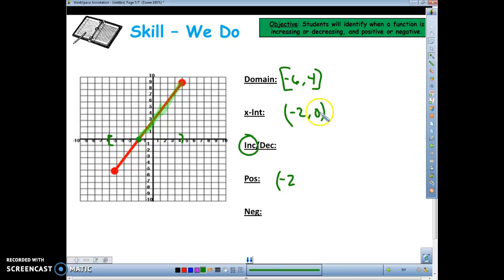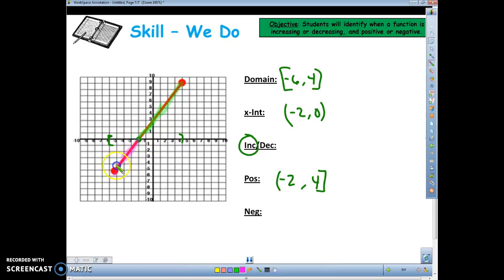Its y value is 0. It's not positive. And it goes positive all the way up until 4. And we include that because I have a solid point. If this was an arrow, then it would be infinity. However, it's not.